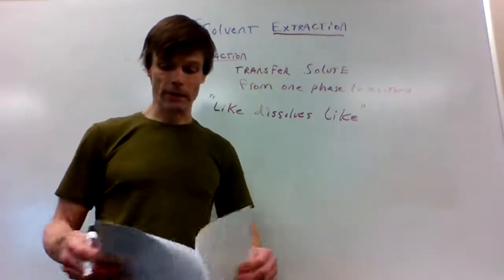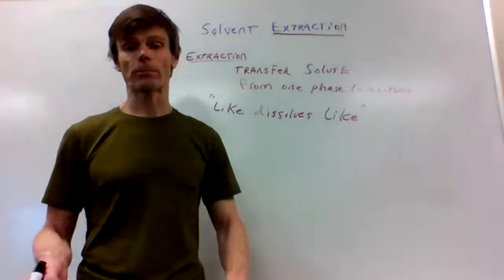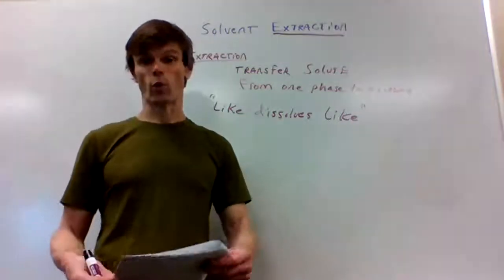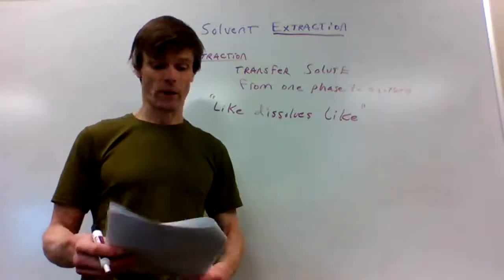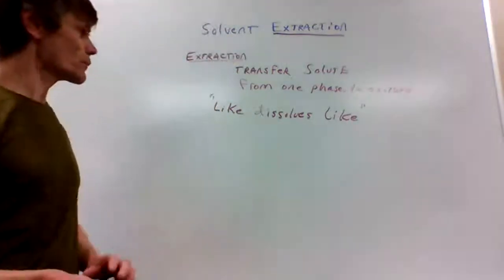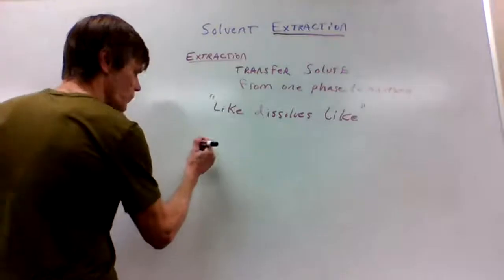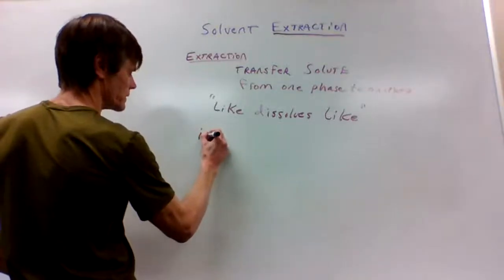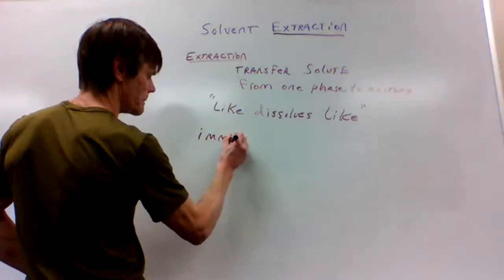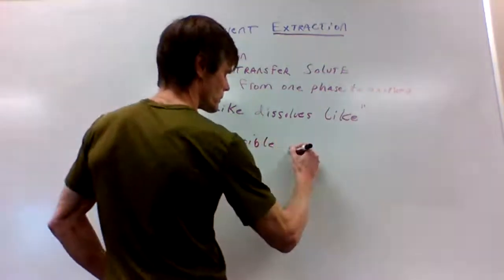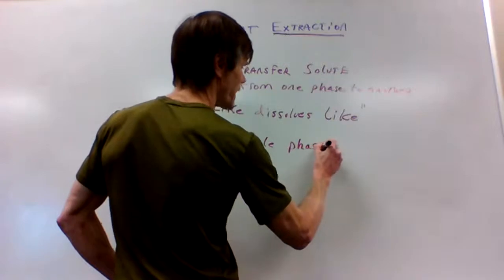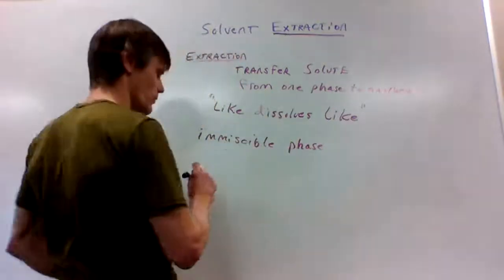And as we said, this would be a really good example of what we see when we have an oil slick. Oils and waters don't really mix that well. So what we're going to do is we're going to take our two immiscible phases that we've been discussing. So remember, our immiscible phases are going to be water and an organic solvent.